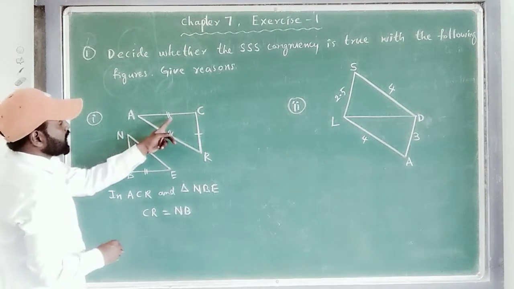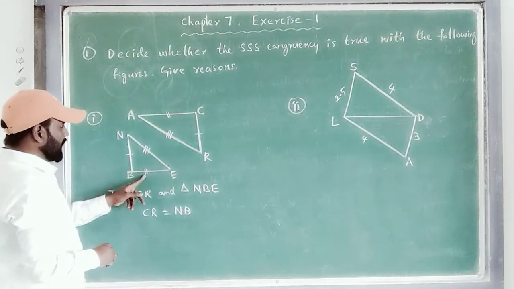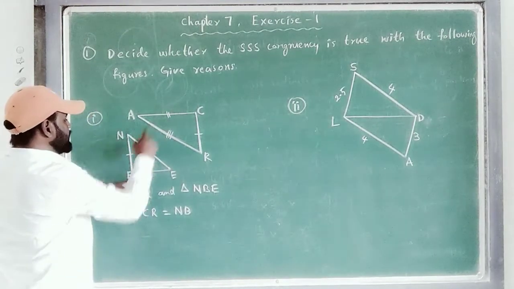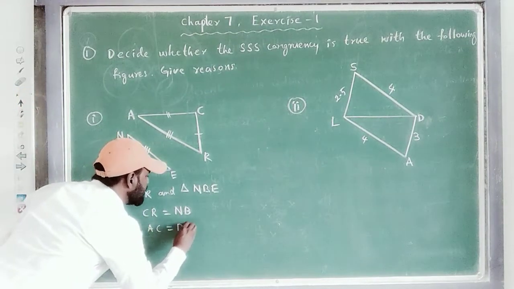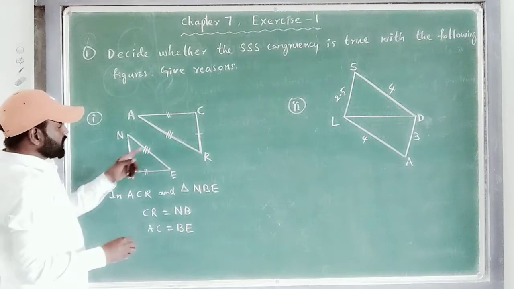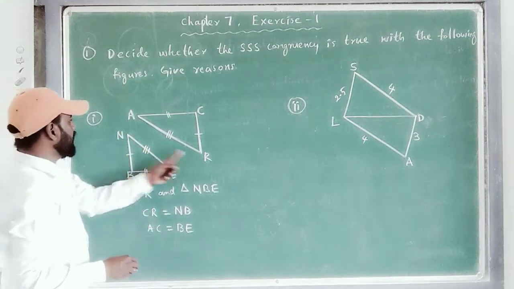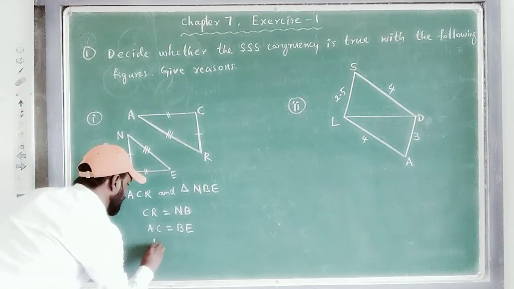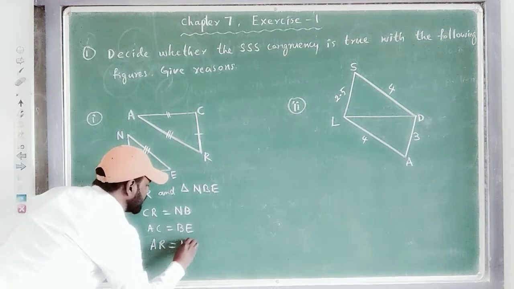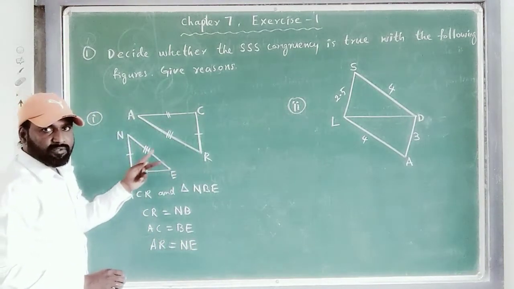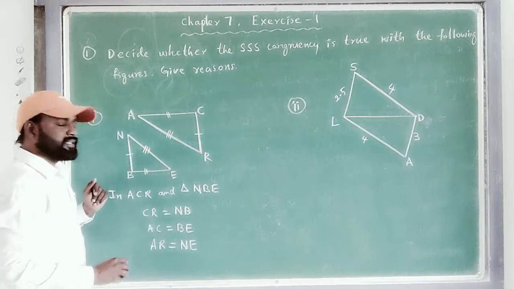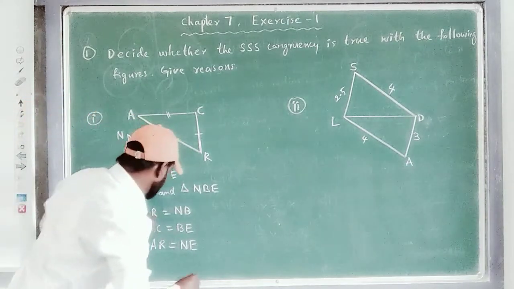Next, two lines here, two lines here. That means AC is equal to BE. Next, the third side is the corresponding one, AR and NE. These are the three corresponding sides. Since all the three corresponding sides of the two triangles are equal, these two triangles are congruent to each other.